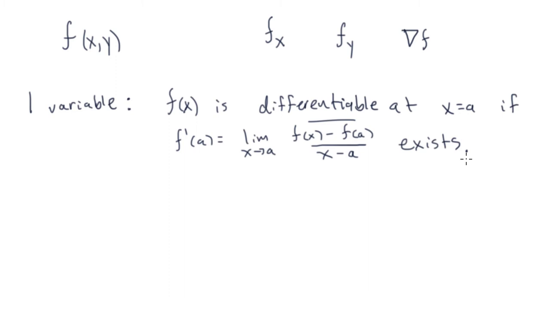So we've already seen that it's a lot more complicated, even just in two variables. Because remember, to check if this limit exists, we want to check from the left and from the right. So a limit will exist if the left-hand limit equals the right-hand limit. But in more than one variable, say in two variables, there's actually infinitely many directions that we have to check and make sure this rate of change exists. Here's three of them.